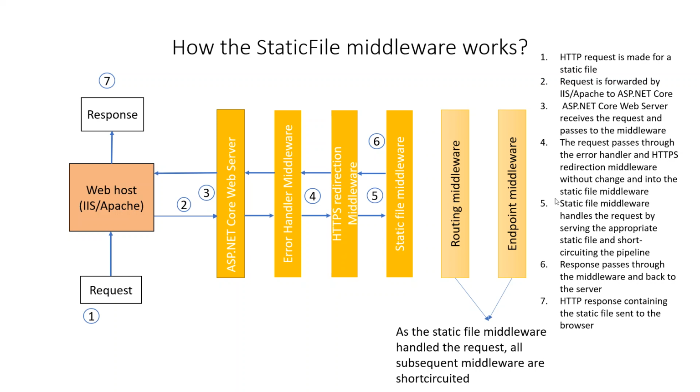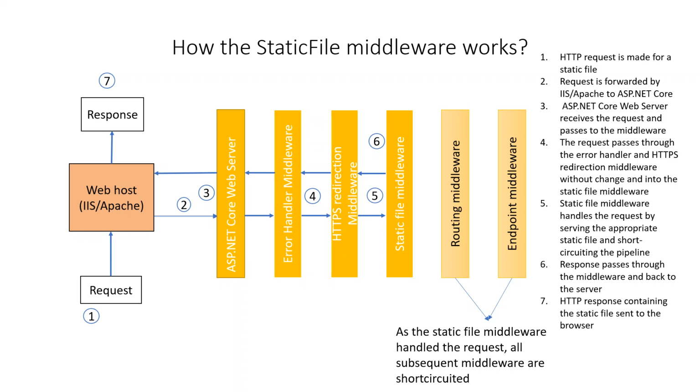Now the static file middleware handles the request by serving the appropriate static file and short circuiting the pipeline like this, okay, bypassing these two middleware. The response passes through the middleware and back to the server, and the HTTP response containing the static file is sent to the browser.